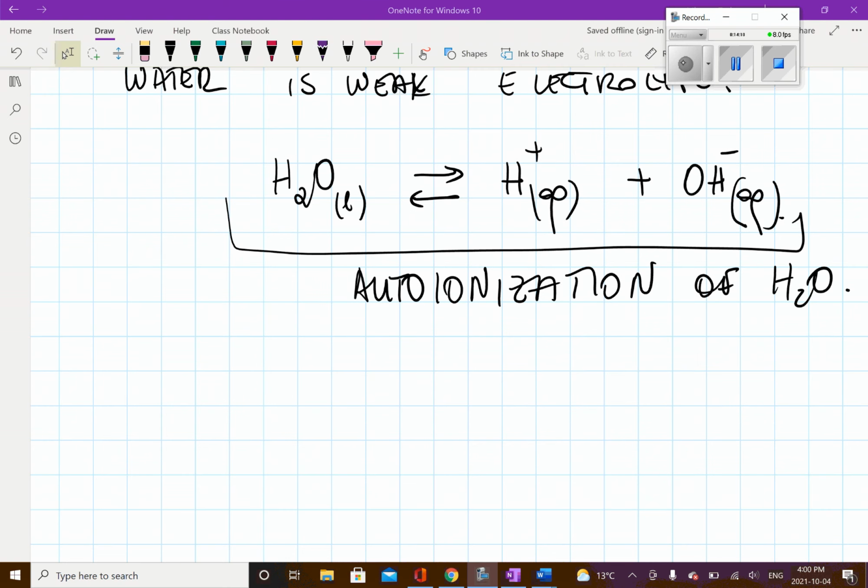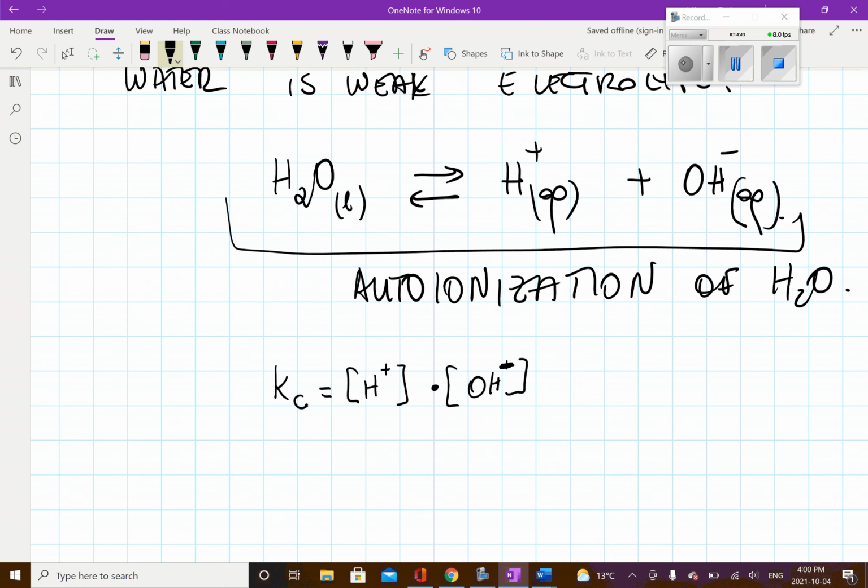So if we write the equilibrium constant for this reaction, by following the same rules that we set in the previous part of this unit, where we exclude the solids and liquids, then we will say that the equilibrium constant for this is the concentration of hydrogen times the concentration of hydroxide.